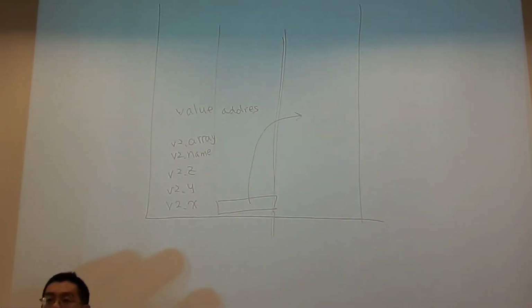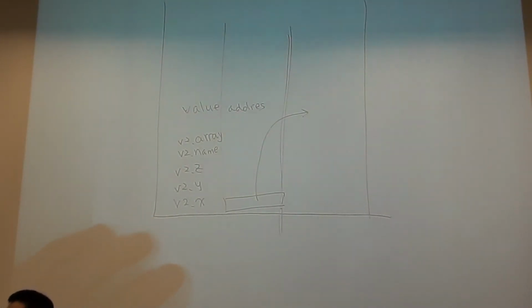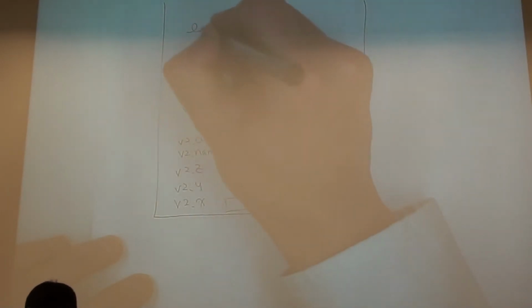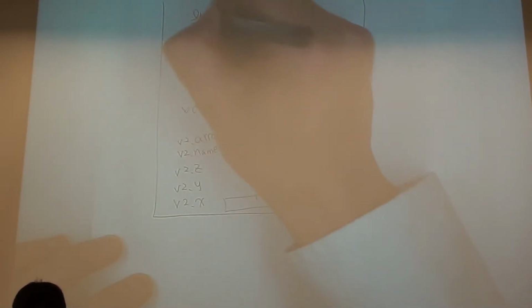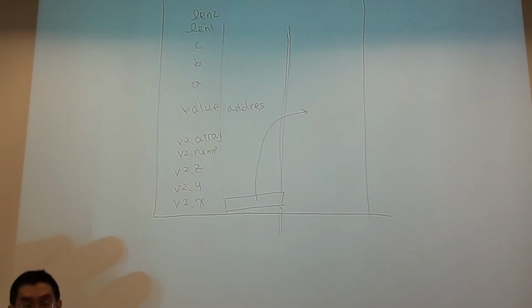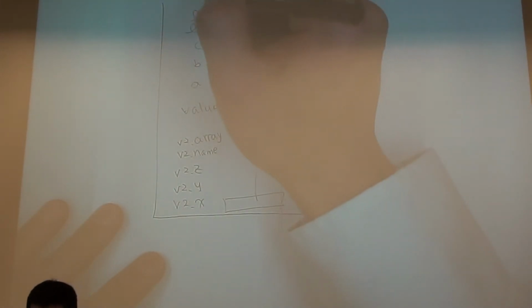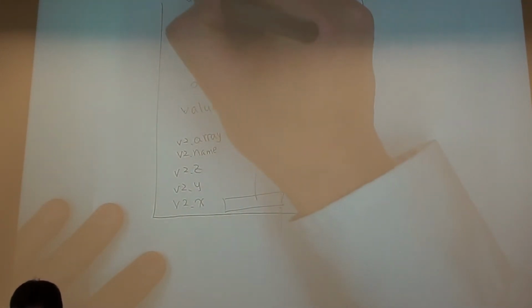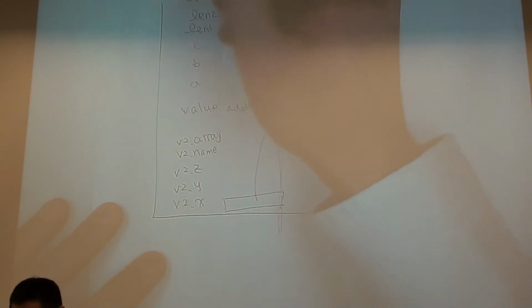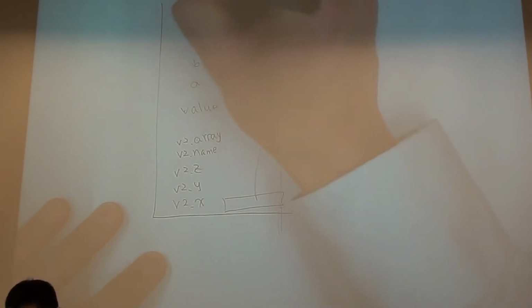It is the address of the first attribute. Then you have your call stack, so you have A, B, C, length 1, length 2. That's your argument. Inside you have your local variable. Since it's not a pointer, you have v.x, v.y, v.z, v.name.